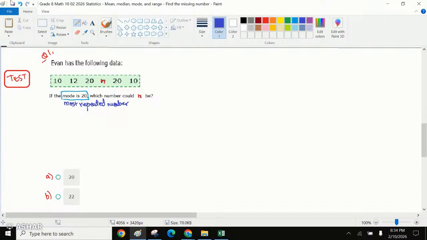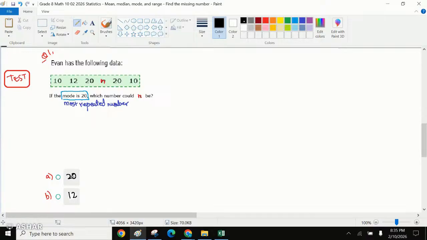Do we agree? Mode is the most repeated number. So in this case, I would say the mode was given as 20 or 12. Okay, these would be better options.